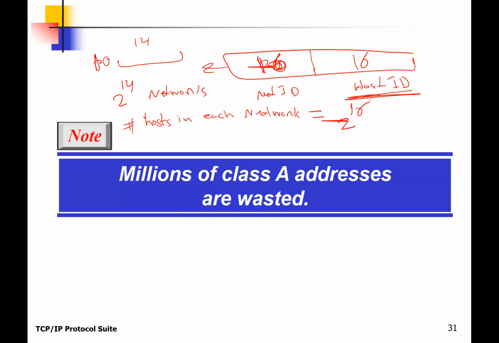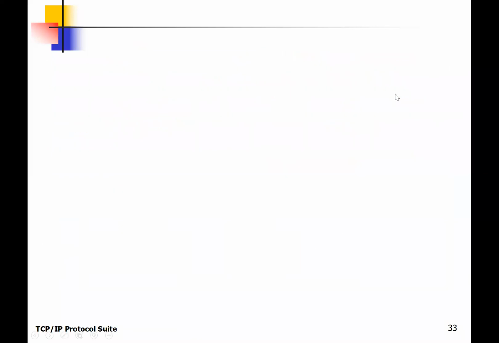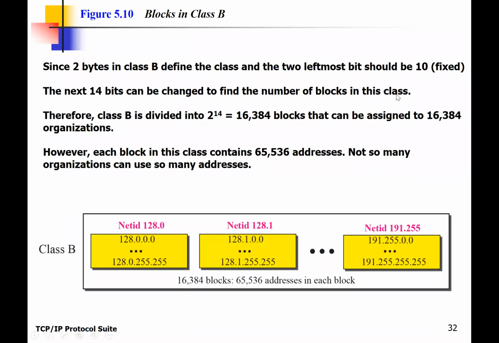All right. So let's go there. Since 2 bytes in class B define the network, and the 2 leftmost bits are going to be 1 0, as we said. It always has to be 1 0 for class B, correct? Always 1 0 there. How many bits are going to help us define the number of networks? Only 14 bits. And how many networks will we have? 2 to the power 14 is 16,000 something networks.